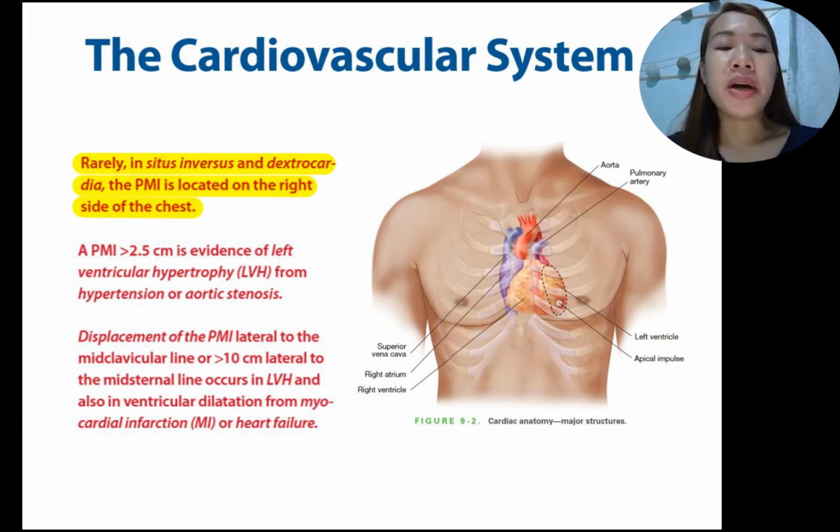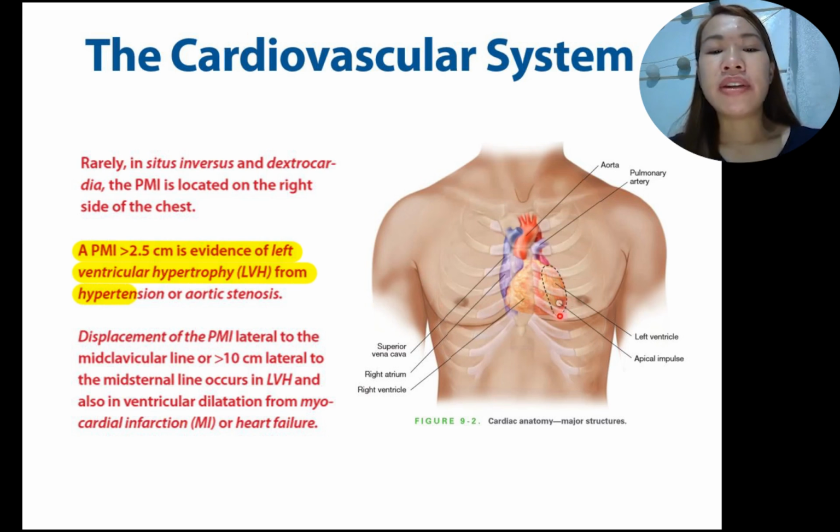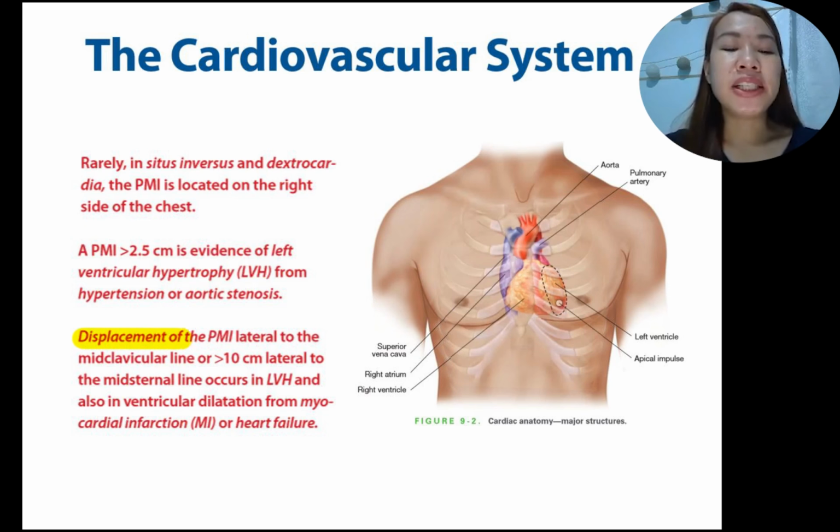Now, a point of maximum impulse greater than 2.5 centimeters is evidence of left ventricular hypertrophy. If the left ventricle increases in size, it's congruent that the point of maximum impulse is also increased. Also noted is the displacement of the point of maximum impulse lateral to the midclavicular line.